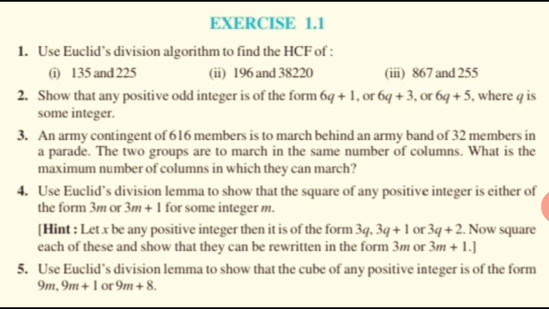So children, with this knowledge, and you already know about Euclid's division algorithm, you will use it and try to find the maximum number of columns. I hope it can be easily done by you. So this is how you will get the solution of the third question.